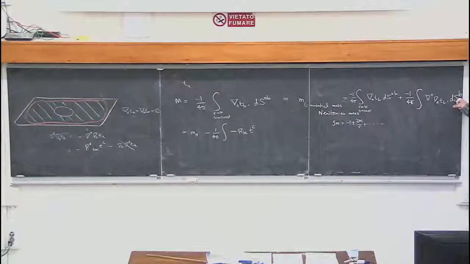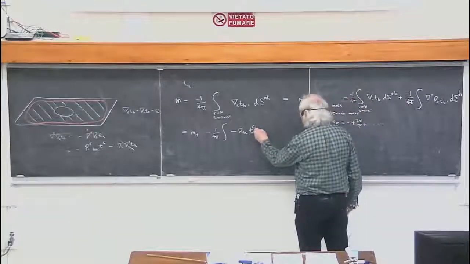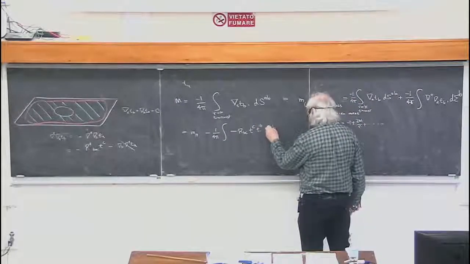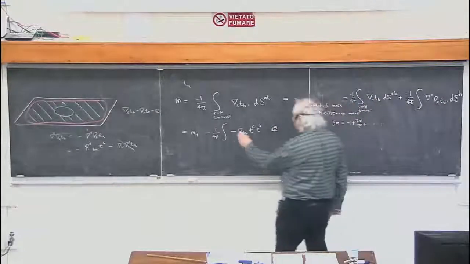And here we have d sigma b, but the surface is perpendicular to T, so I end up with it. So I can get rid of all of these minus signs.